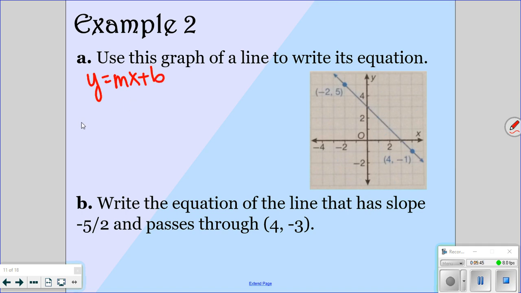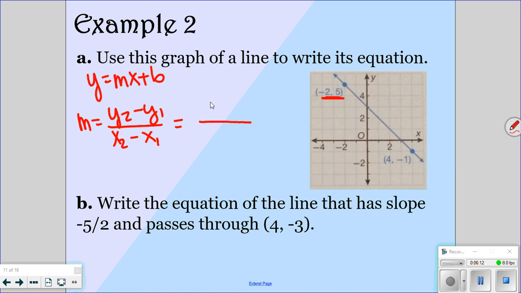So the first thing we need to do is find our slope. So our formula for slope is y2 minus y1 over x2 minus x1. It doesn't matter which one is your y1 and your y2. It does matter that once you pick your y2, the x number that goes with it is your x2. So you can't switch these back and forth. So I'm going to pick this one as my second one.